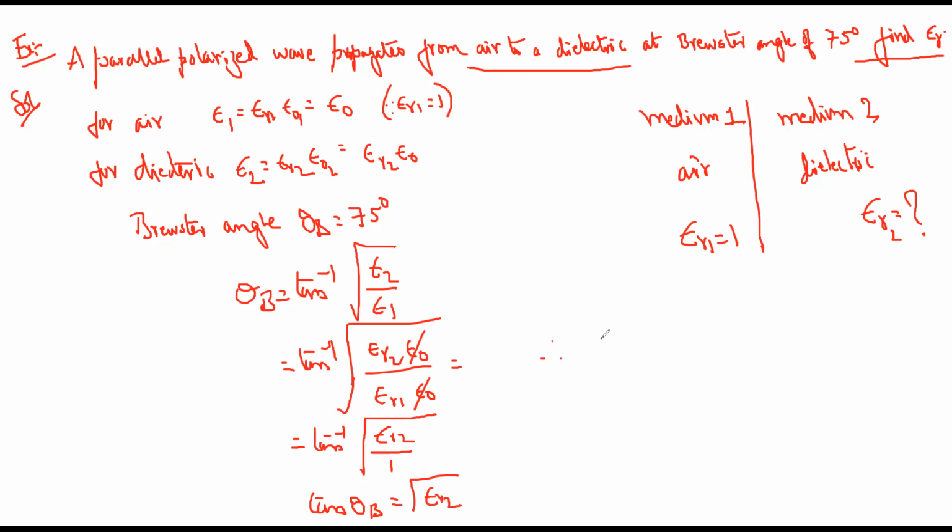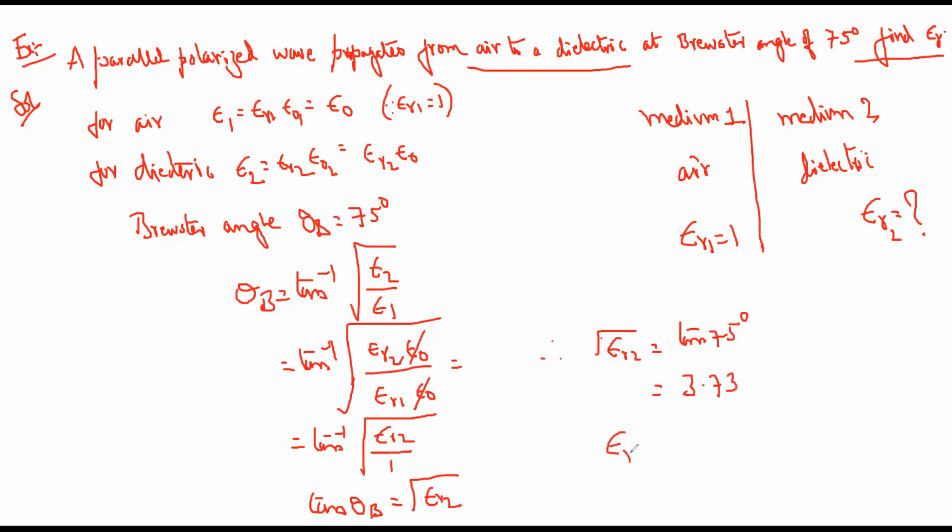Under root of epsilon R2 is equal to tan inverse, tan theta, tan 75 degrees. So theta B is given, tan 75 degrees. What is the tan 75 degrees? 3.73.